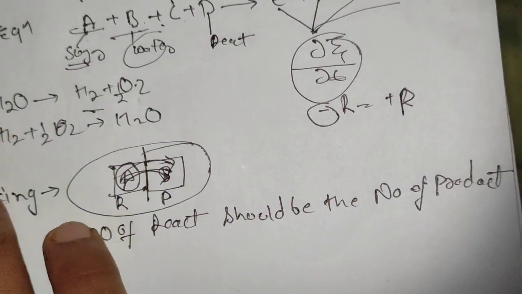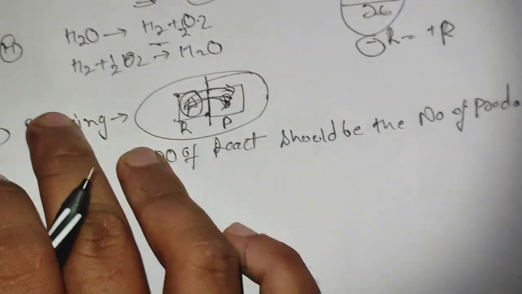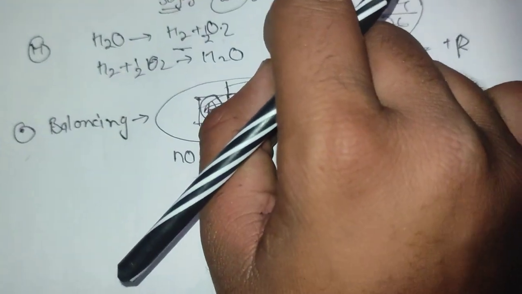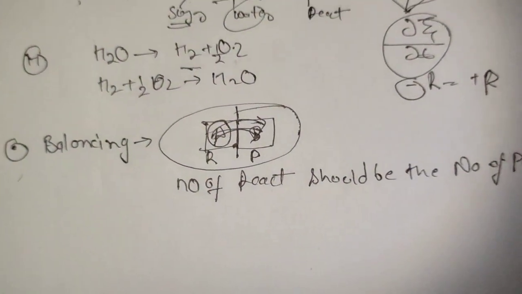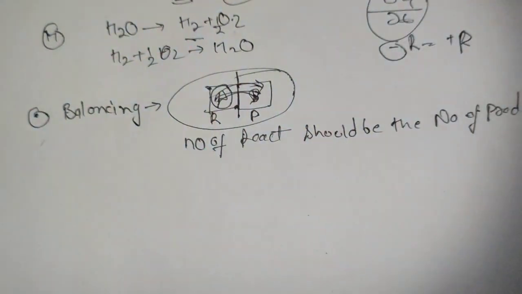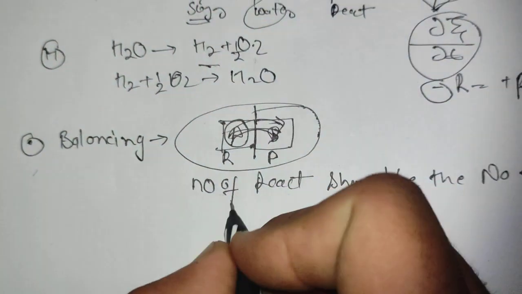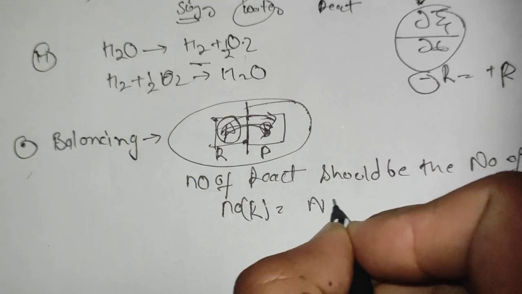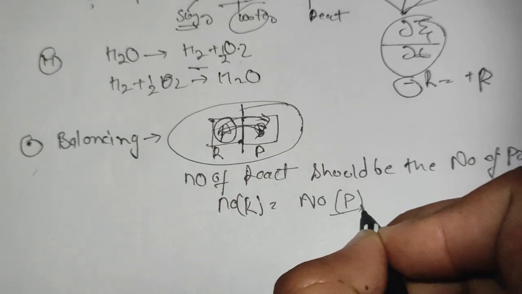This is the overall conservation of mass: atoms are neither created nor destroyed, they are converted from one form to another. So basically all the reactants are converted into products. So the number of reactant atoms is equal to the number of product atoms.